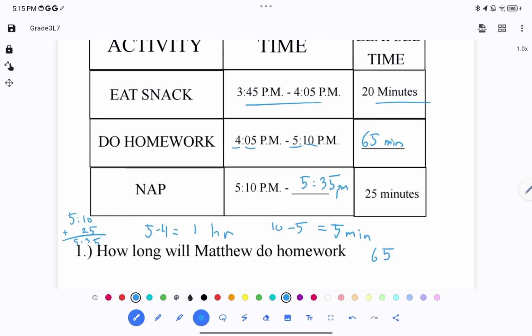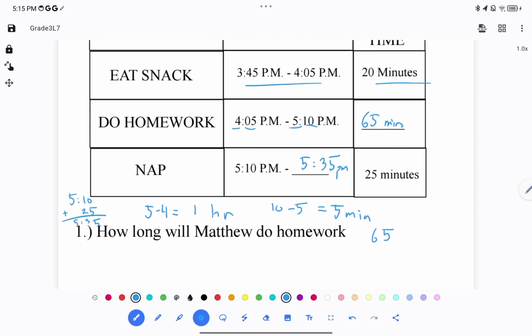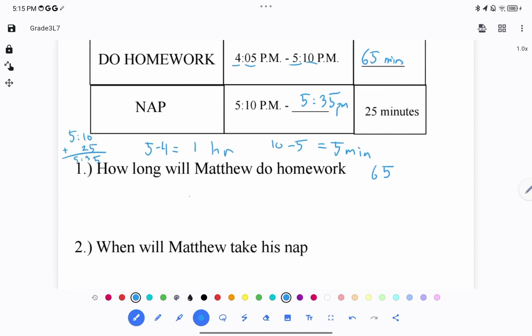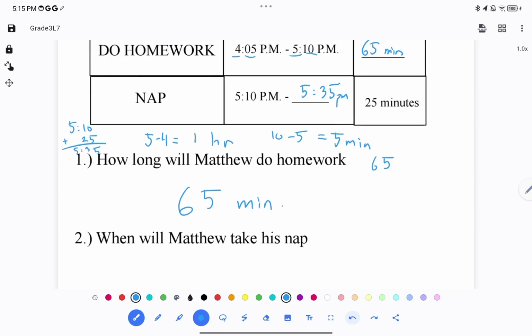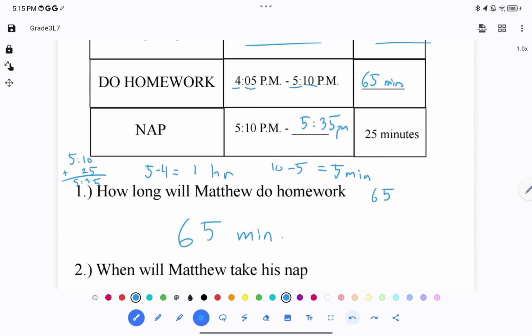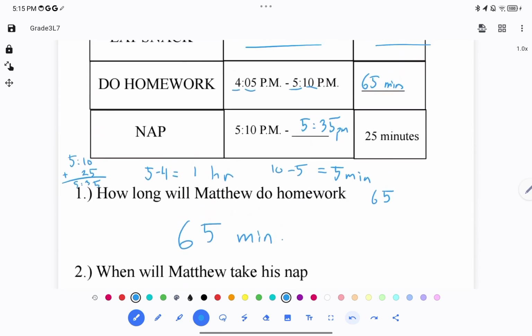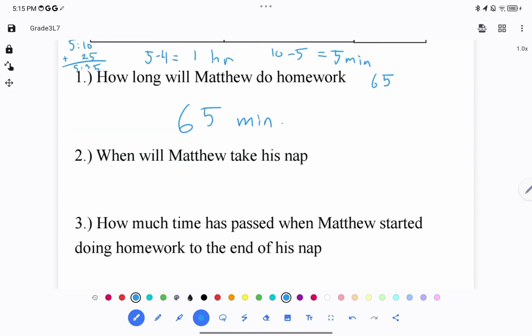How long will it take for Matthew to do homework? 65 minutes, because that's how long we calculated. When will Matthew take his nap? Starting at 5:10 p.m.